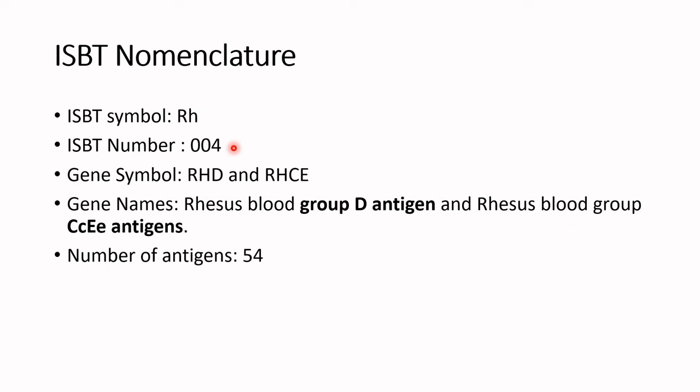The gene symbol in this blood group system is given as RHD and RHCE, based on two different genes, that is rhesus blood group D antigens and rhesus blood group CE antigens. So till now there are various antigens that have been discovered in this particular blood group system. About 54 such antigens have been discovered under this Rh blood group system.